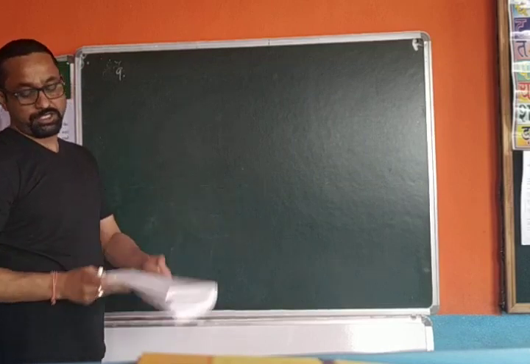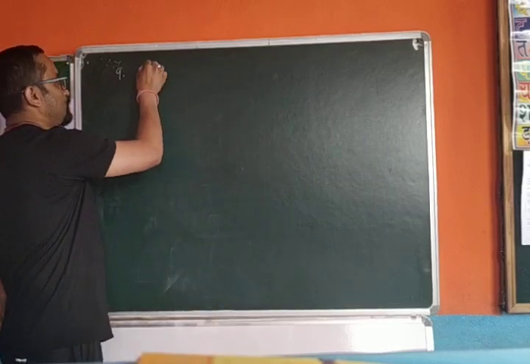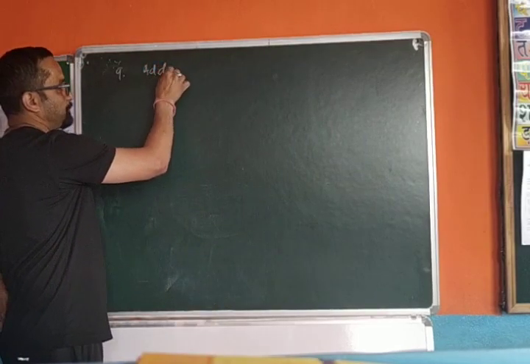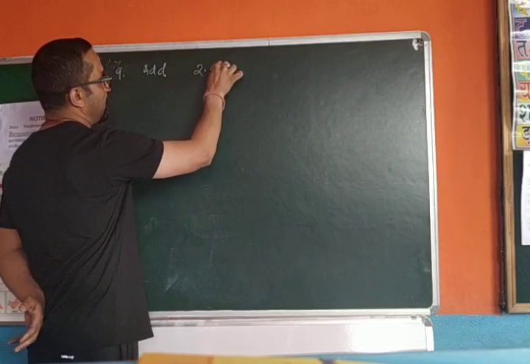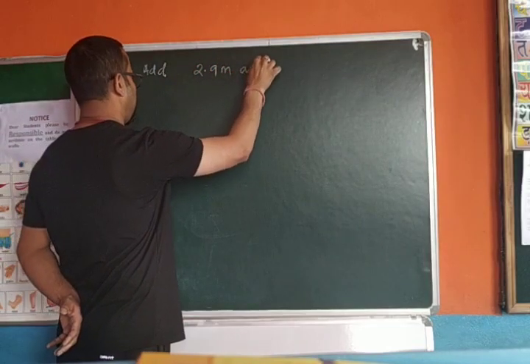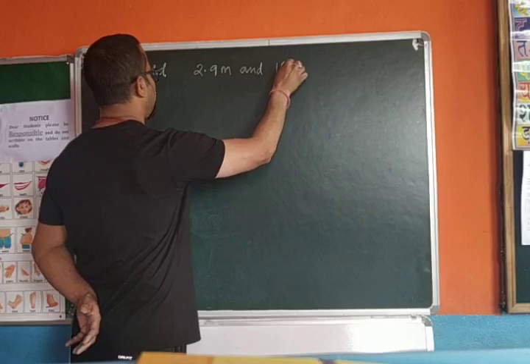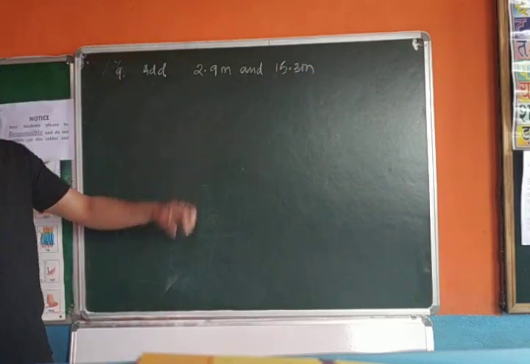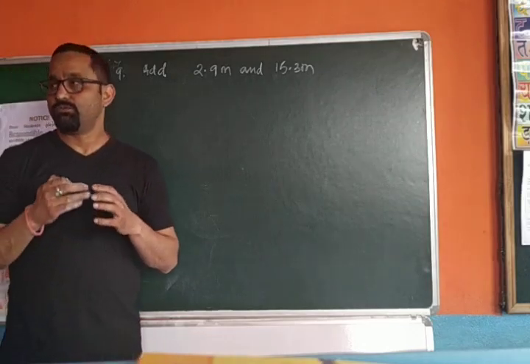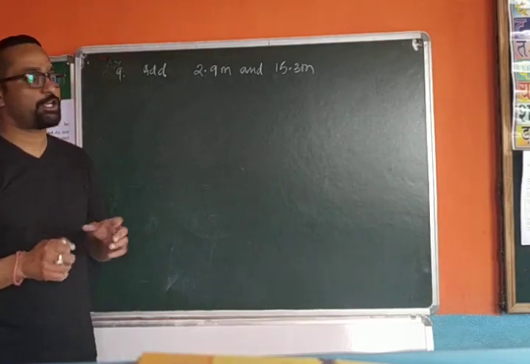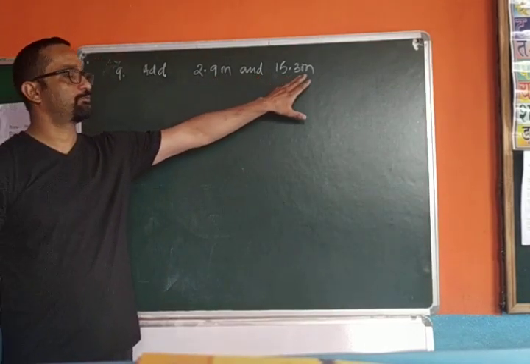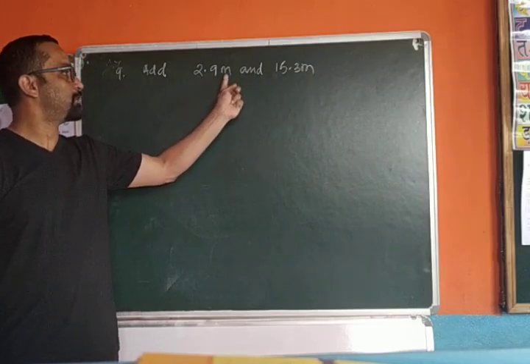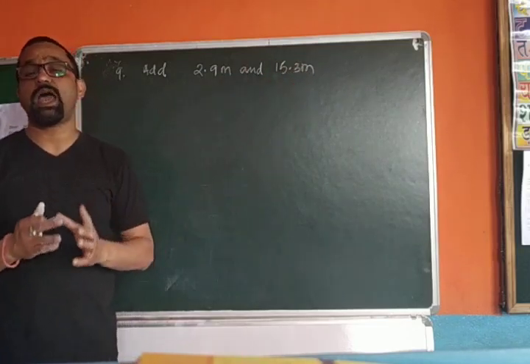Add, giving the answer in meters. So you have to add 2.9 meter and 15.3 meter. Both have to be added. What you need to do is check the unit first. Meter. Meter means you can add it up.